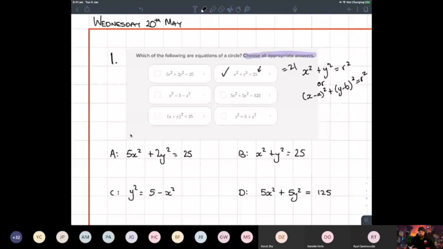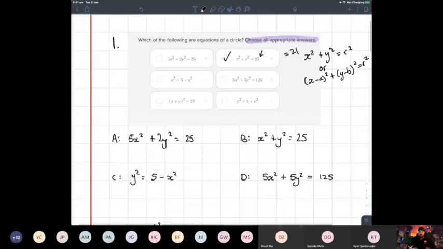If we look at option C, if I add x squared to both sides, we'll be left with x squared plus y squared equals 5. So option C is definitely a circle as well.